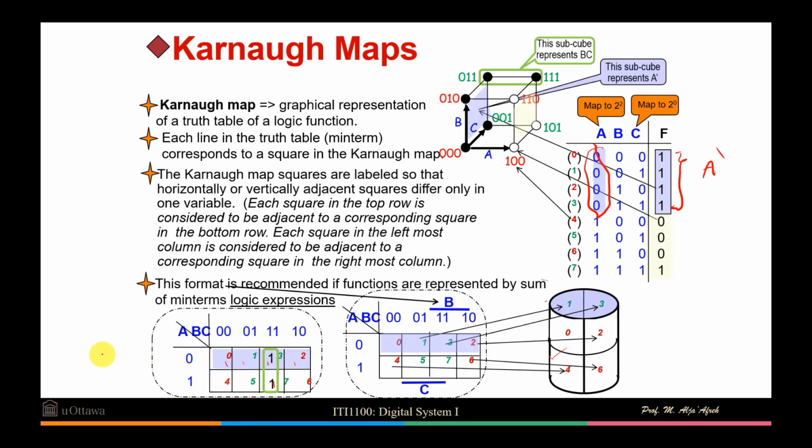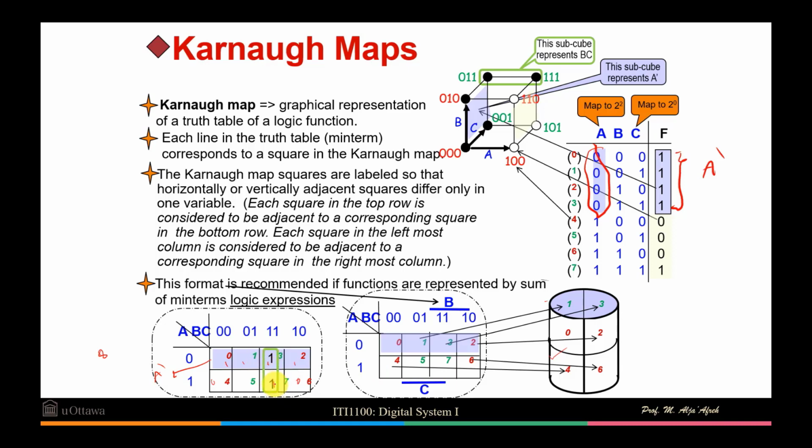Since here we have 8 cells, I try to group them in 8. Unfortunately, I cannot, because I have 0 here and I have 0 here. Then I'm going to look for a group of 4. These can be grouped in a group of 4. So what is not changing? Just A prime. That's it. Now this one is not covered, so I have to cover it.